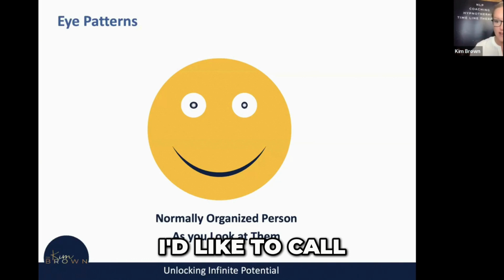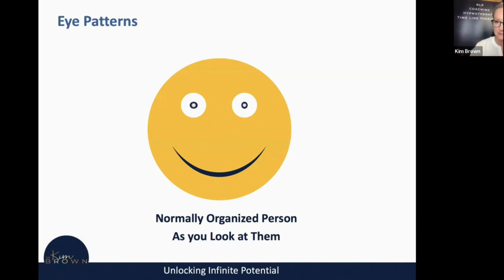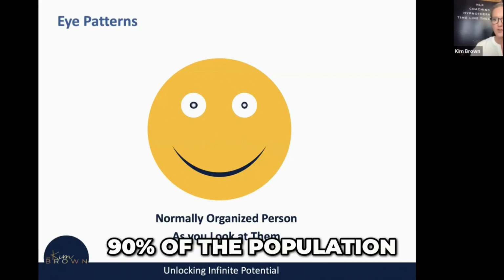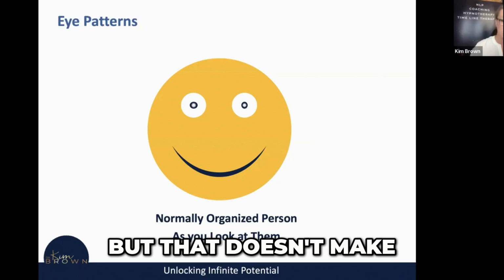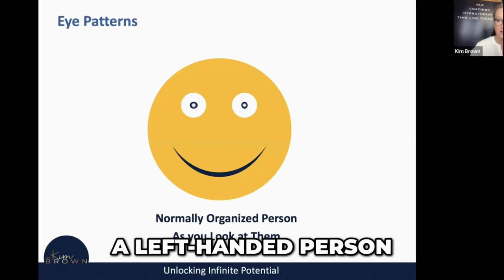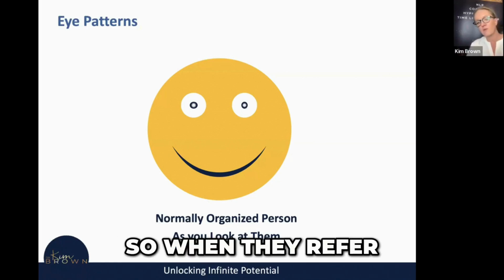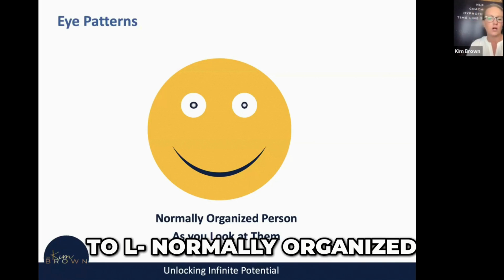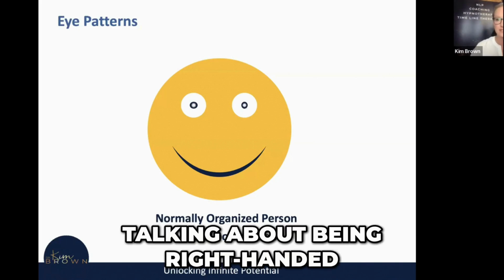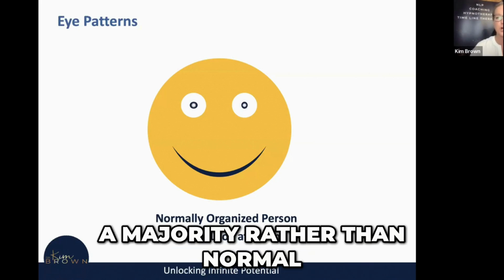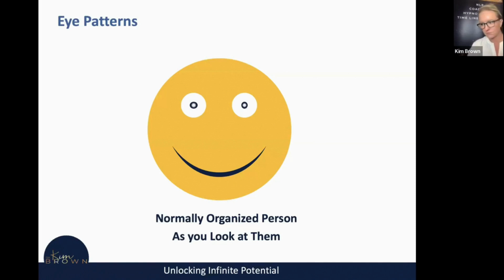I'd like to call that a right-handed person. 90% of the population or thereabouts is right-handed, but that doesn't make us more normal than a left-handed person. So normally organized person means right-handed. A majority rather than normal.